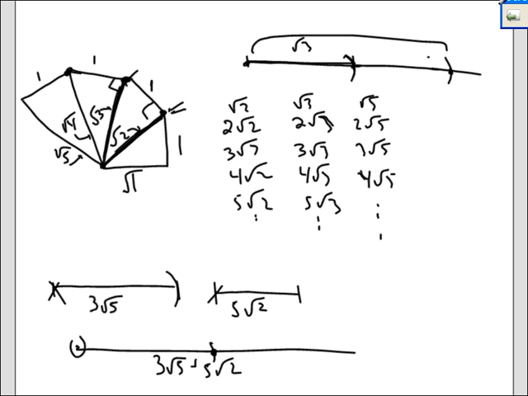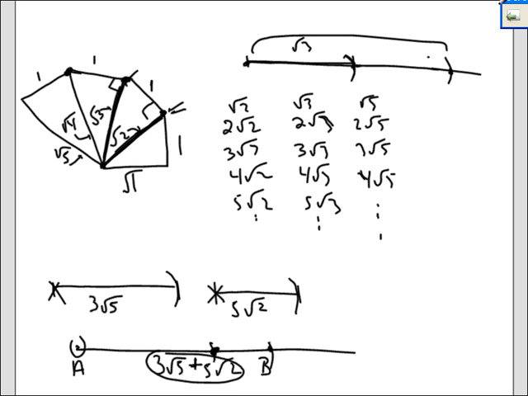Now I put my compass needle here, and I mark off 5 square root of 2's. I put my compass needle here again, keeping the same opening, and I mark off 5 square root of 2's. From point A to point B will be 3 square root of 5 plus 5 square root of 2's.